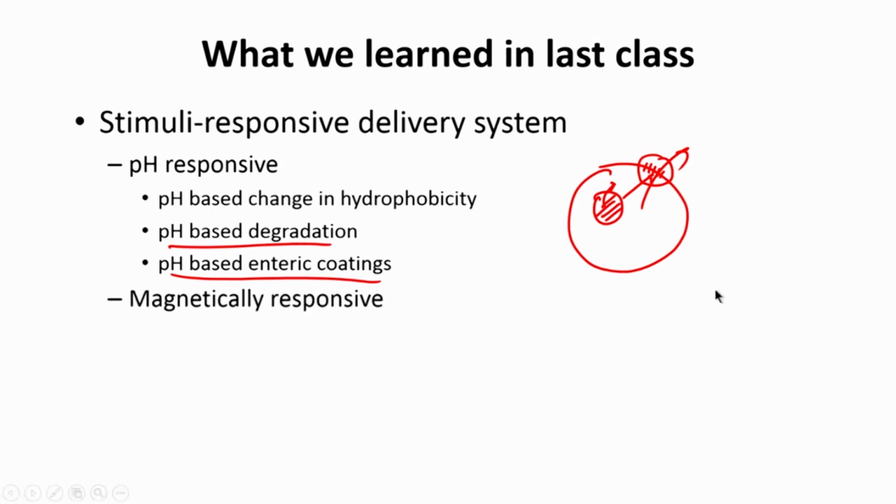And then we discussed two other innovative systems. One was magnetically responsive. In this case, in a particle they had encapsulated magnetic material, and this magnetic material responds to an external magnet.